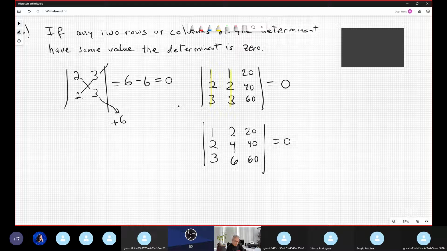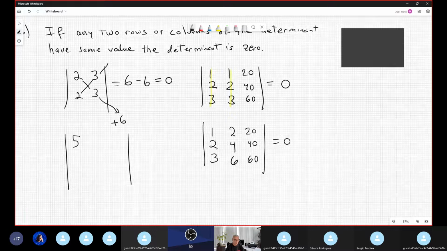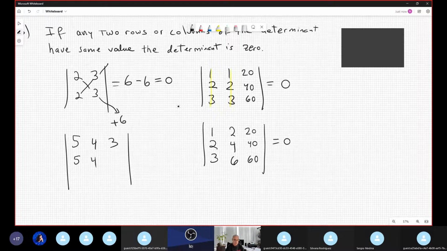So normally you have two equal rows or columns. Likewise, for example, 5, 4, 3, 5, 4, 3, 20, 40, 30.